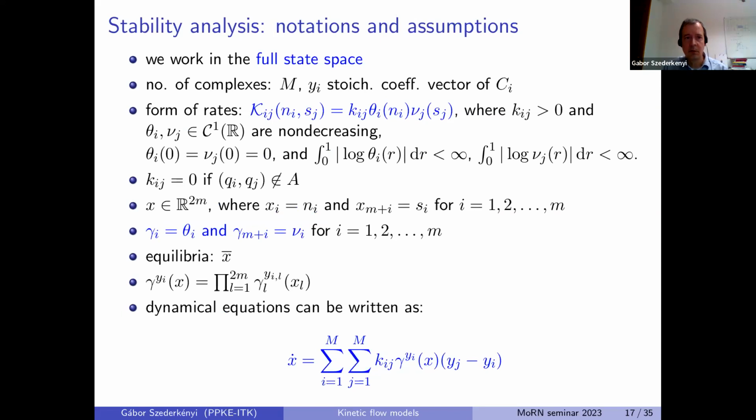Okay, so a few words about stability analysis. For this, we have an additional assumption that the reaction rates can be written in this product form. And also we collect all the rates in this gamma function. So theta is the function of the items, nu is the function of the free space, and we collect all those in gamma, and then we can write the differential equations in this kinetic form.